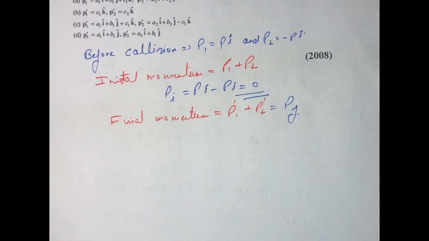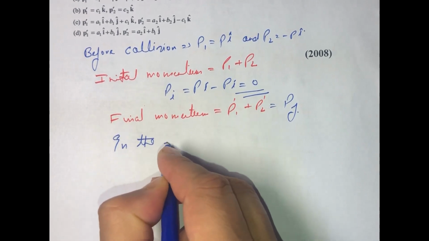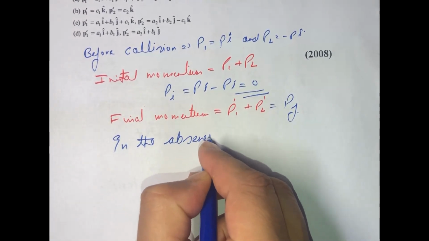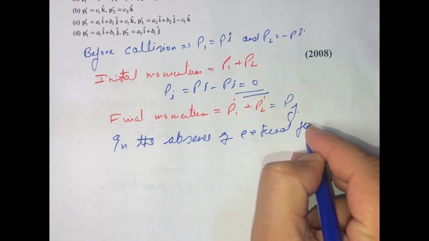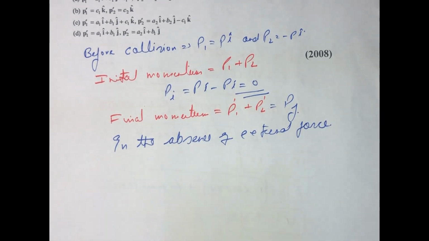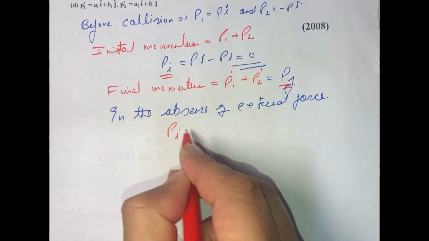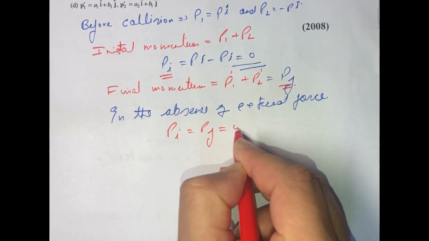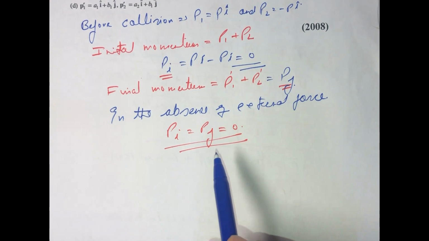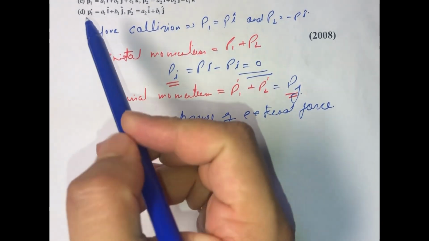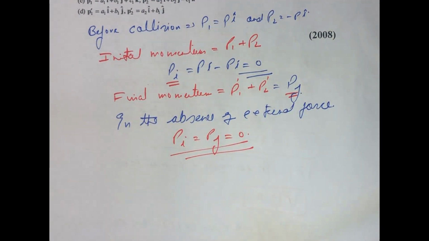In the absence of external force, initial momentum is equal to final momentum. So we can say Pi is equal to PF, which is equal to 0. So we are going to find out which of the options will be correct with non-zero values.